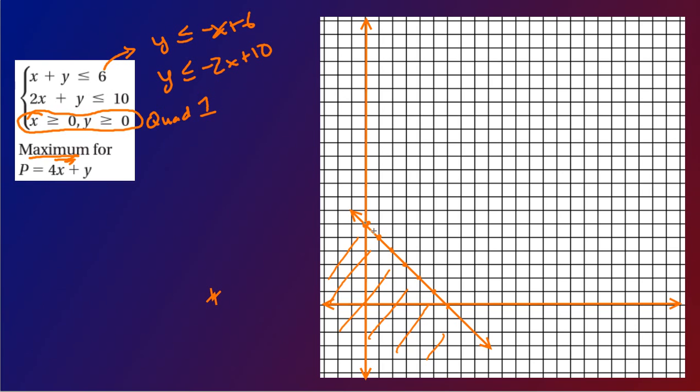So 10, so 1, 2, 3, 4, 5, 6, 7, 8, 9, 10. And then down 2, right 1. So this is going to be one of my critical points right there. And go ahead and get that. And this is also below.